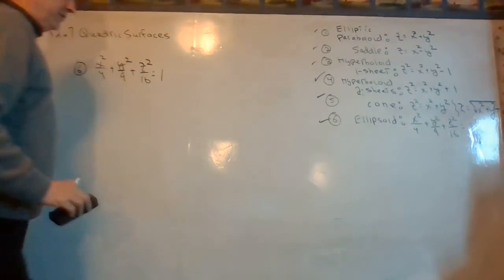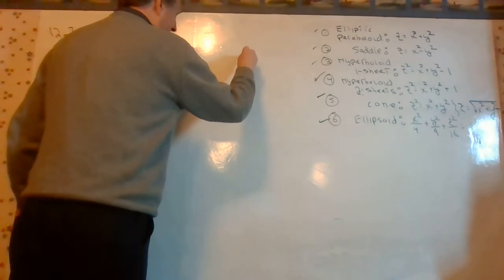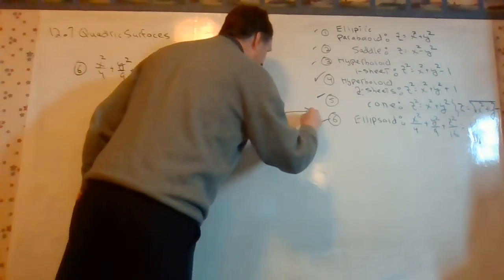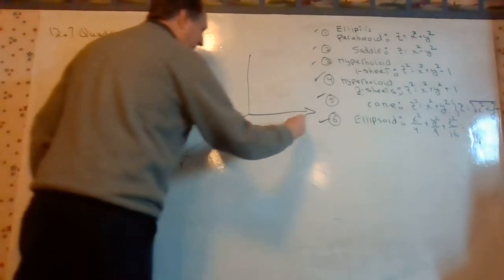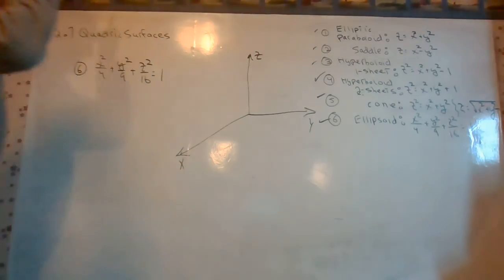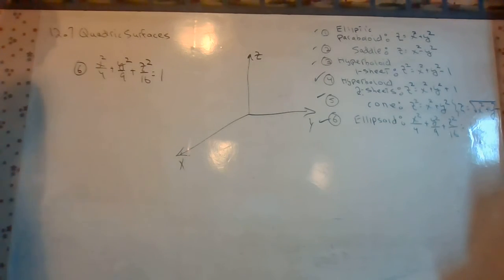And that's basically a sphere that we deform. You can deform it by stepping on it, for instance. Let's draw our Cartesian coordinate system. X, Y, Z. And we'll just sketch the top half. You can conceive of what the bottom half looks like.